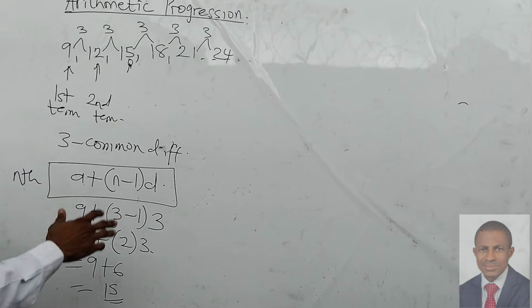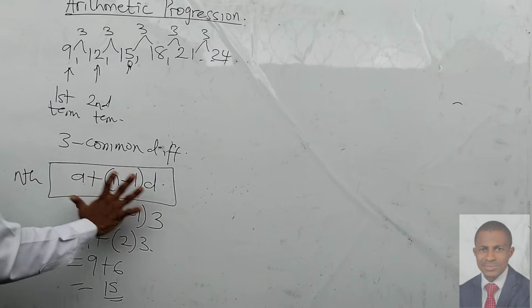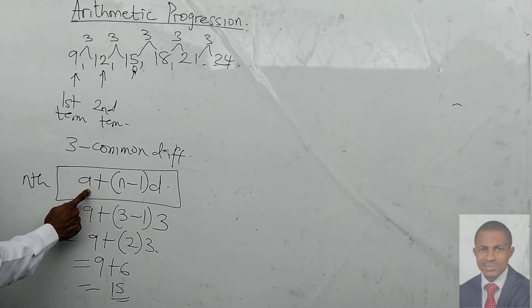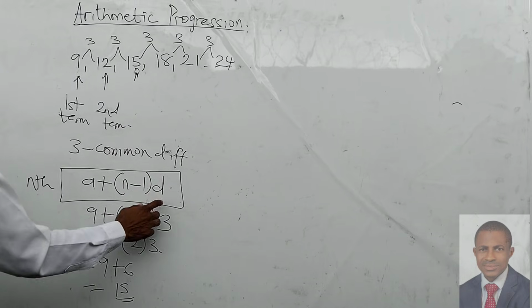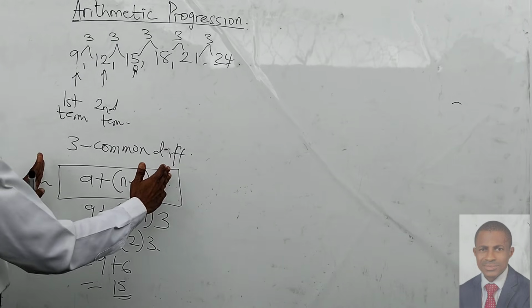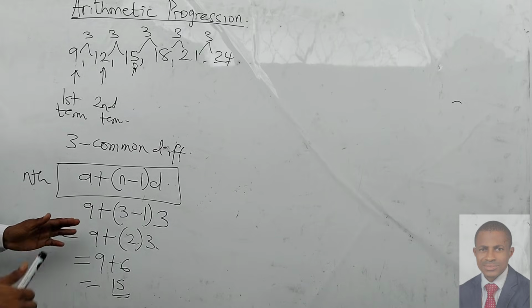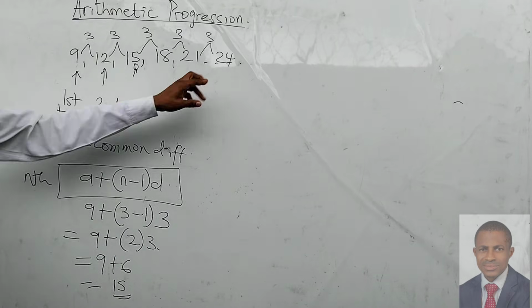So it means for any given arithmetic progression, this formula a plus open bracket n minus 1 close bracket d will be our prototype formula for looking for any of the nth terms.